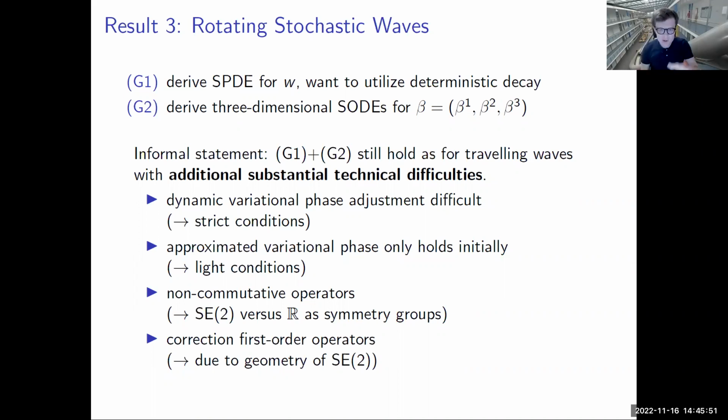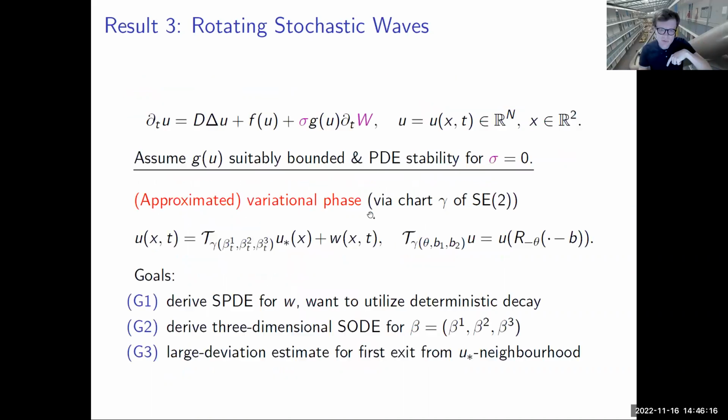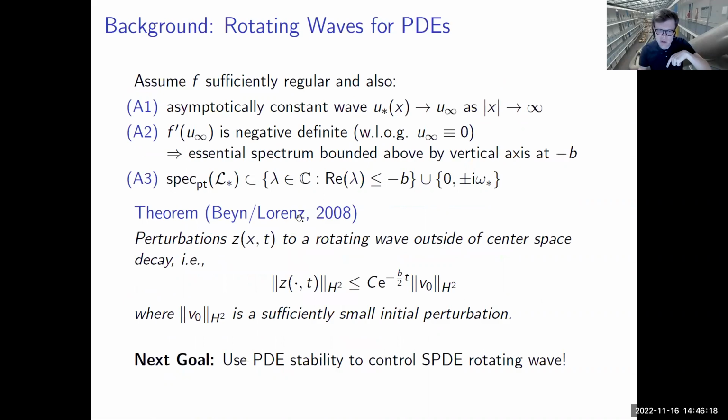So I have to refer you to the statement in the paper, but roughly speaking, we can still derive a three-dimensional stochastic ordinary differential equation that tells me how my wave is spreading out due to the noise along the symmetry directions of the wave. And I can still derive a linearization equation that tells me how the noise is acting against the deterministic transverse stability of the rotating wave that was used from this result of Kuehn and Lorentz.